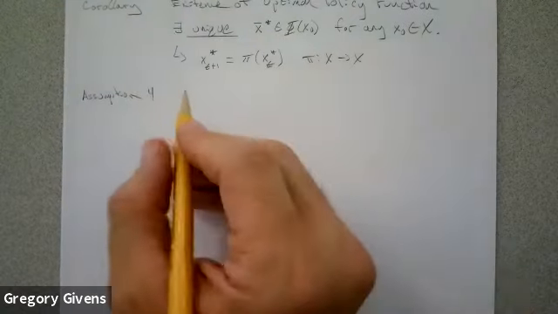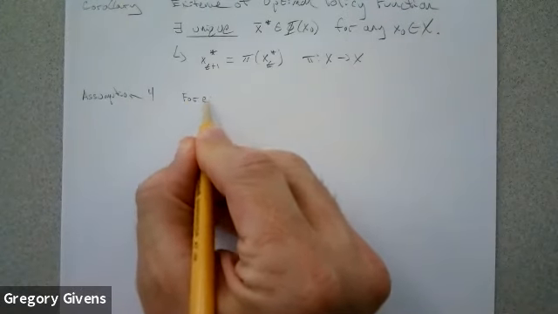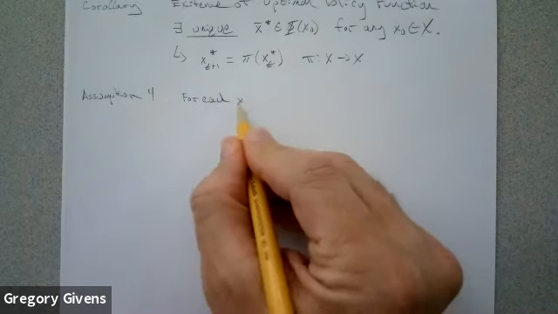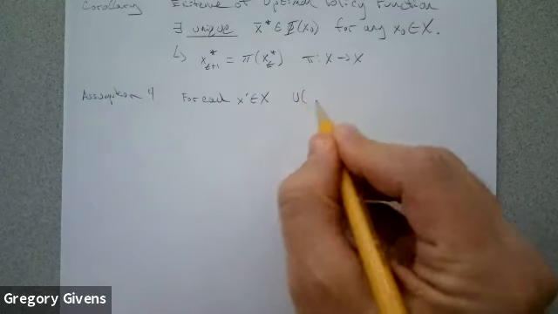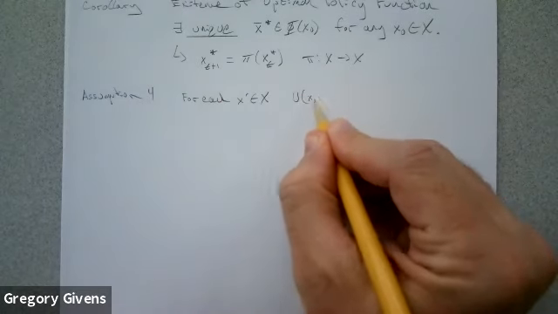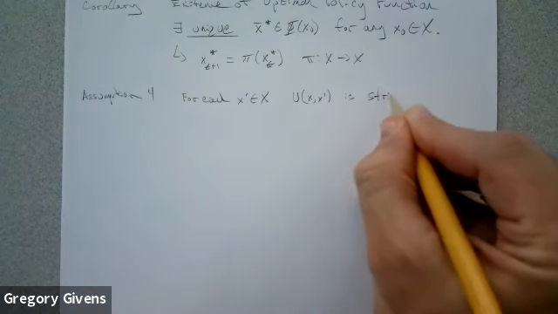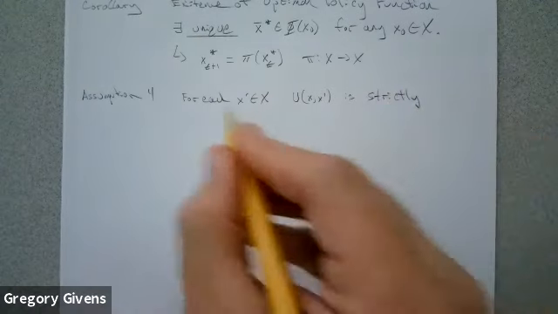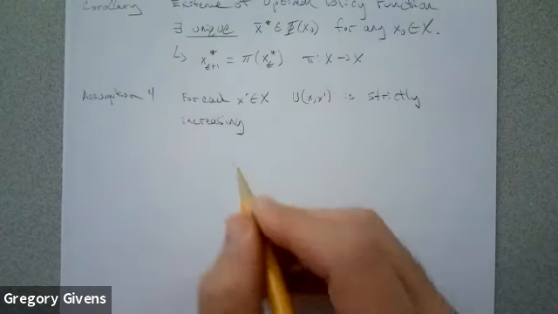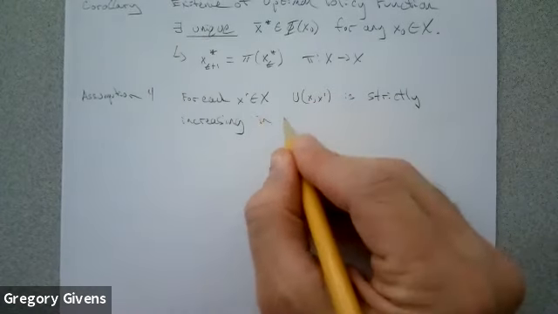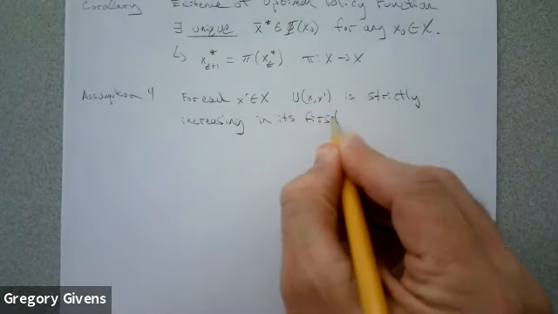So assumption 4 says that for each x prime in big X, u of x, x prime is strictly increasing in its first k arguments.